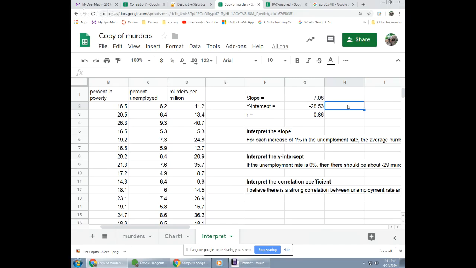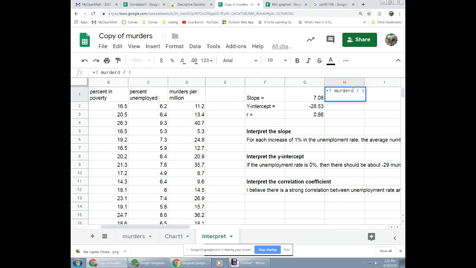Slope, on the other hand, we can interpret. That would be viewed as about 7 divided by 1. So 7 is the y value, so that's murders per million. 1 would be the unemployment rate, so that would be interpreted as 1%. So this is a change of plus 7 murders per million.